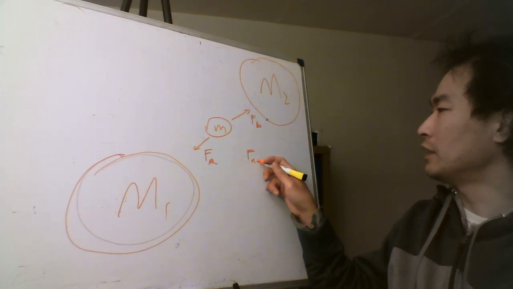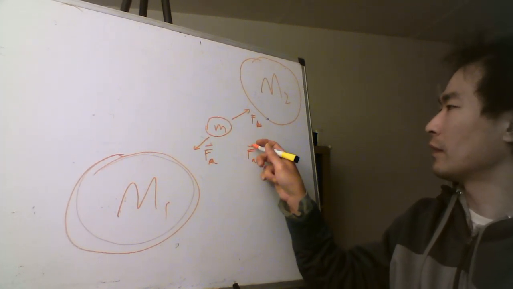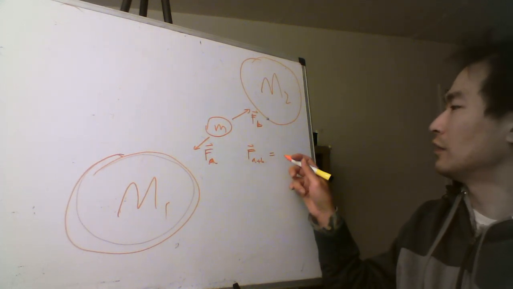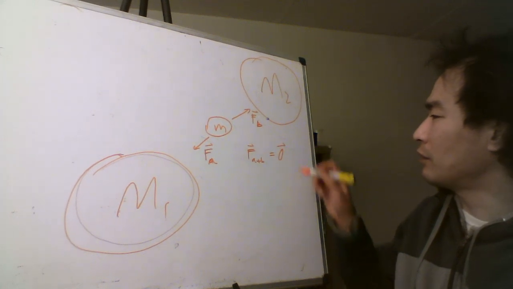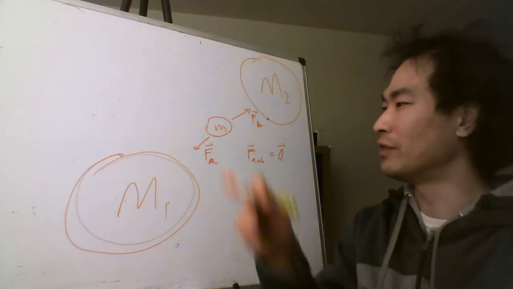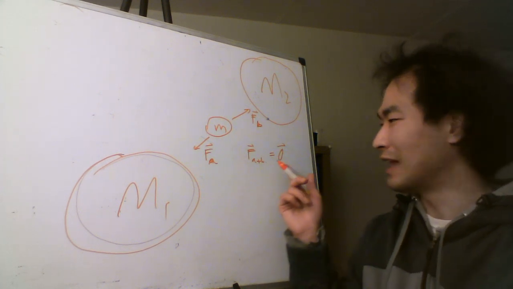FA plus FB, we have the vector hat, okay? FA plus FB equals zero vector, okay? Because it cancels out, so it's not moving. Just stays there. But stress is not zero though.